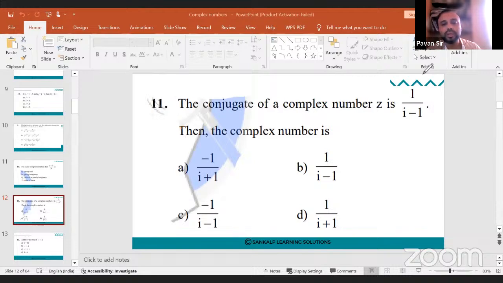What will be the complex number? Conjugate of z, in a symbolical manner, if you are able to write, then your answer is very easy.